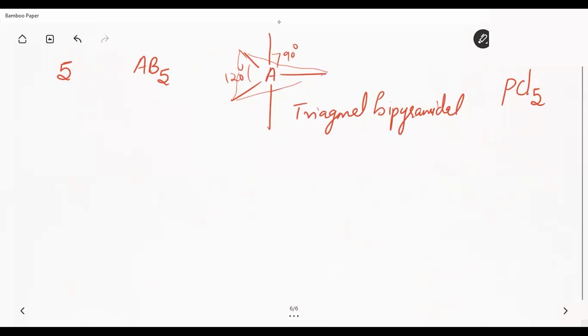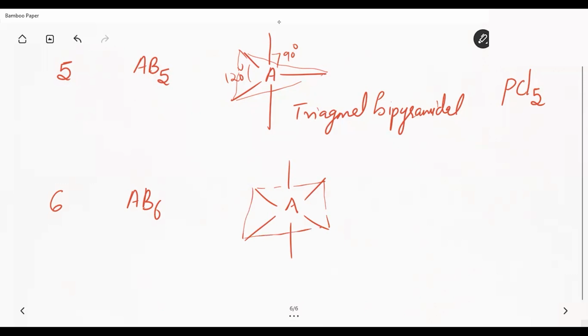And the last one is six bonding electron pairs, that is AB6. This is arranged in an octahedral shape. How does this shape look? We draw a central A here, and then 6 B's around it like this.